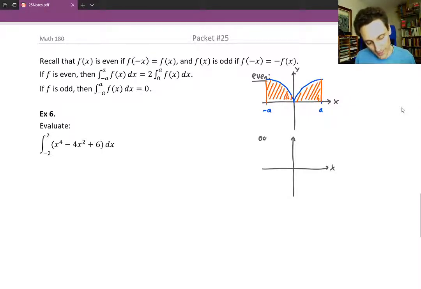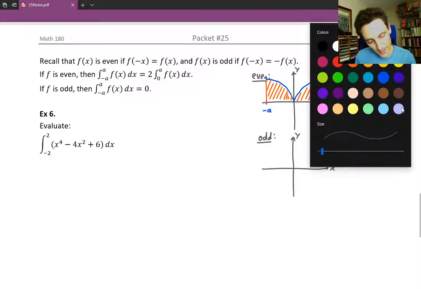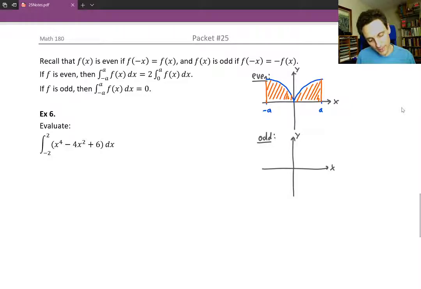Visually, the reason for that, why we get 0, is this. An odd function would look something like this. If here's the function in the first quadrant, then an odd function would say that any function value you get over here with a positive x value, if you plug in the negative x value, it will have an opposite sign.